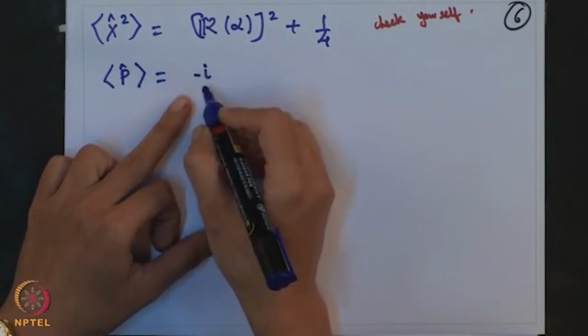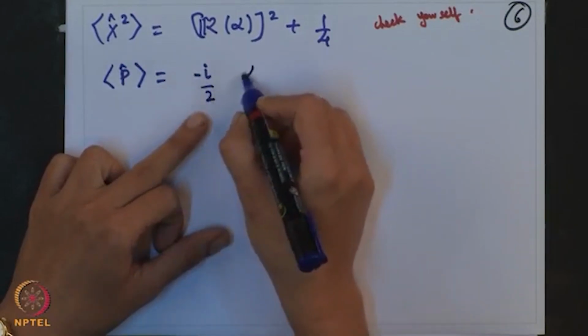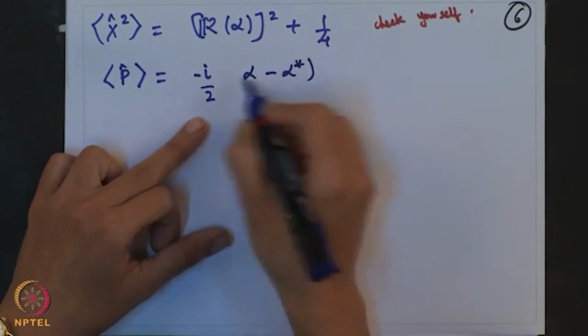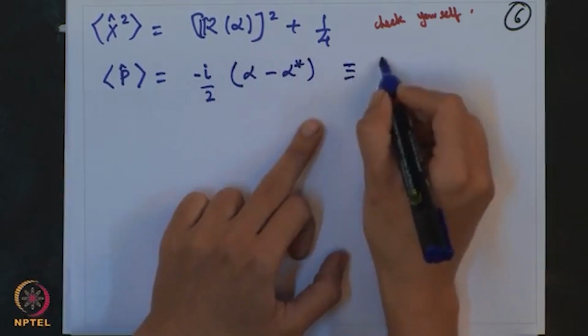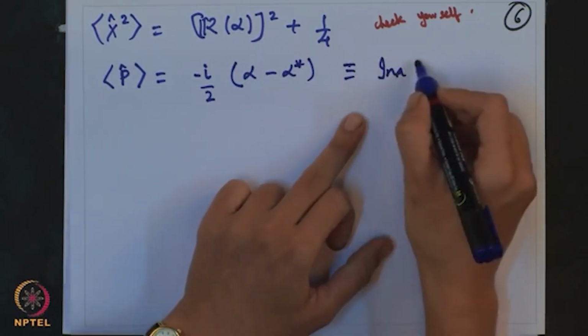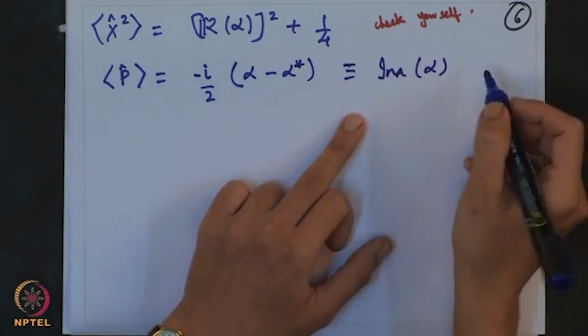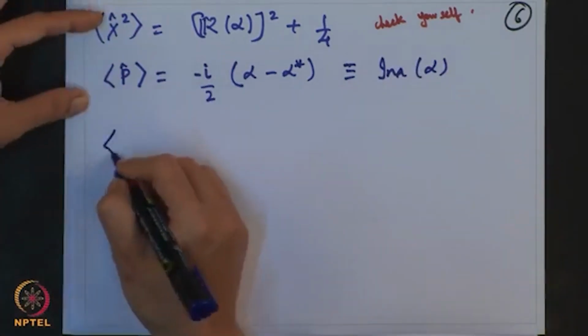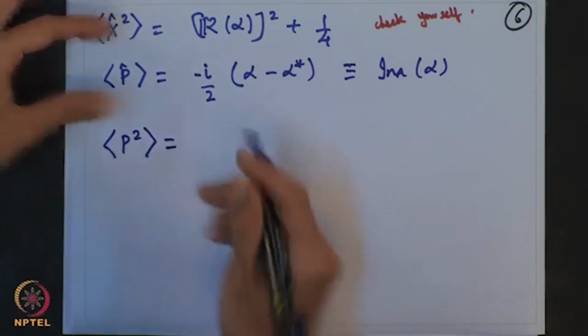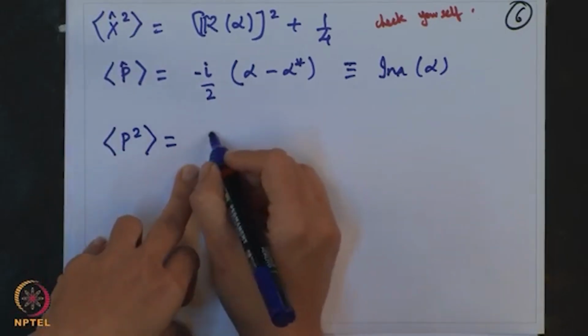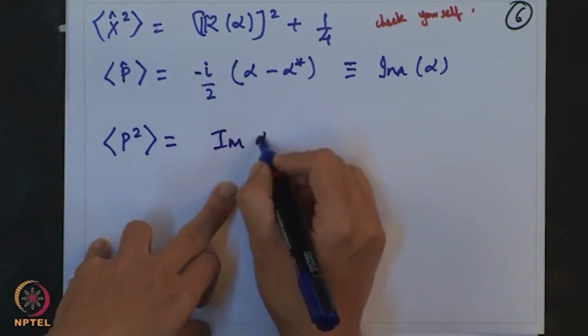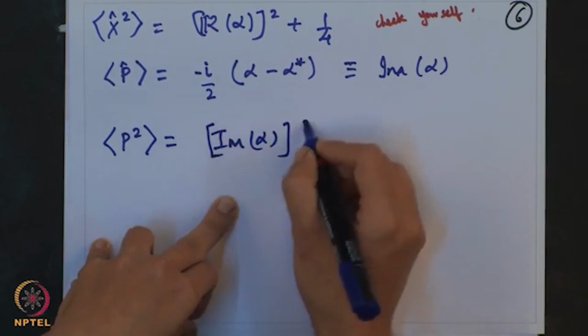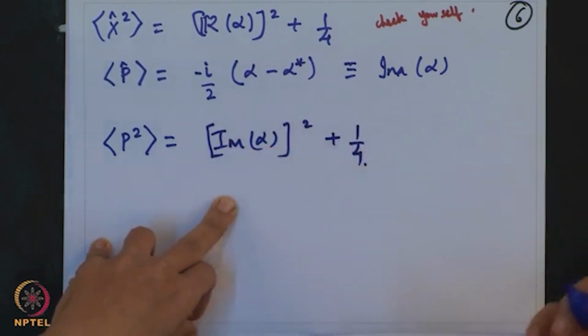So, I have i by 2, and then I will have alpha minus alpha star kind of a term, which can be written as the imaginary part of alpha. Similarly, you evaluate this and you will find that the imaginary part of alpha squared plus 1/4 is what you obtain.